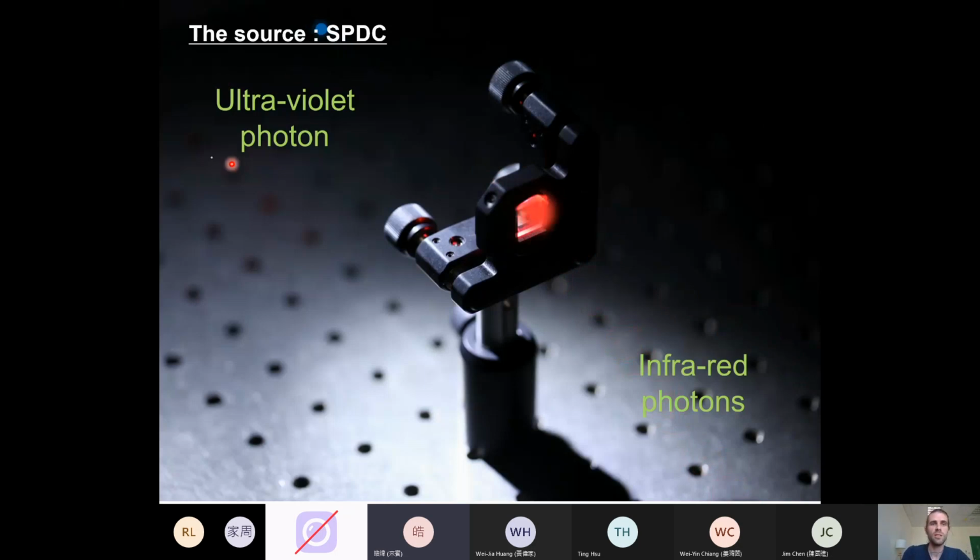We have to satisfy the conservation of the energy. So we start with ultraviolet photons at 355 nanometers, and then we generate two photons at 710 nanometers. So that's satisfying the conservation of the energy.